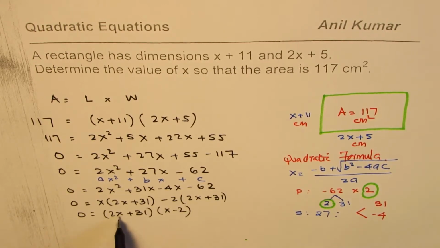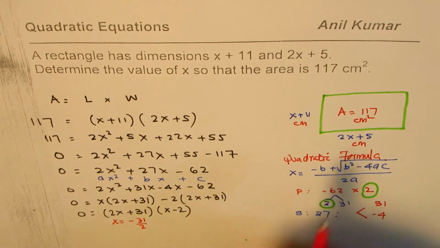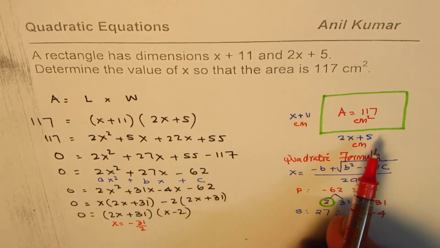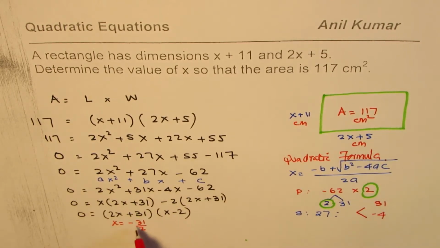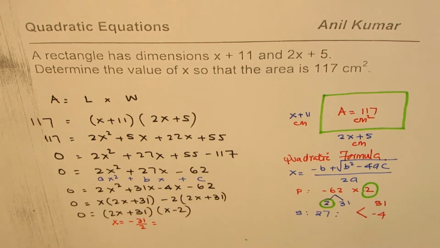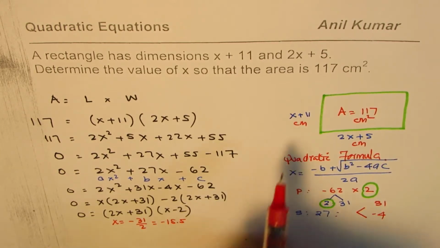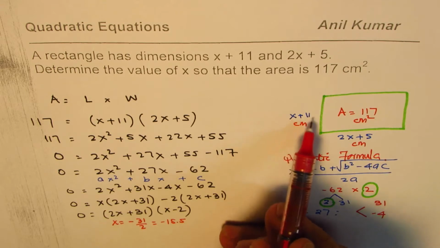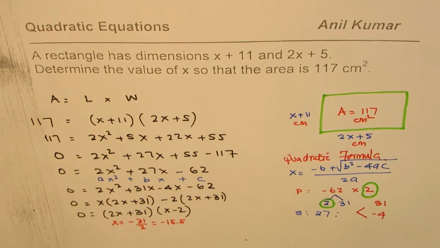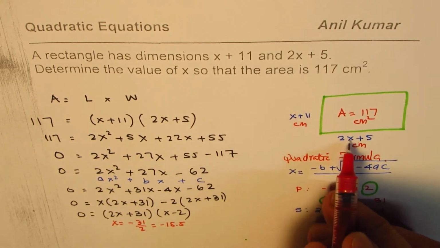So one of the values of x could be negative, right? Which is, in this case, x equals minus 31 over 2. Now when we are talking about the dimensions, if I substitute this kind of a value for x, minus 31 over 2, which is minus 15.5, this dimension becomes negative, right? So I can't use it. Basically, none of these dimensions should be negative, correct?